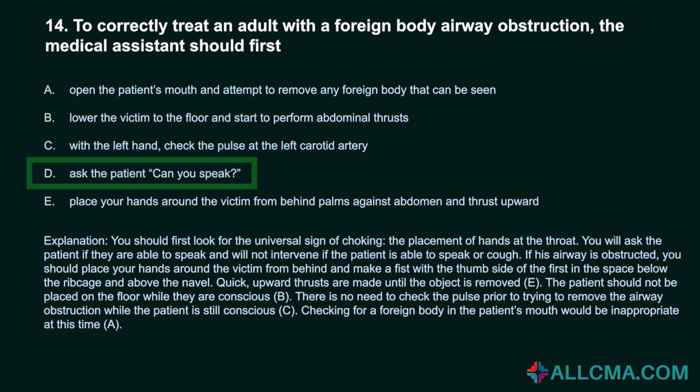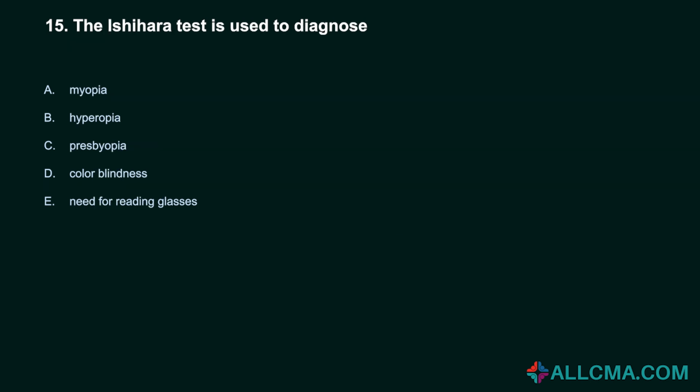Quick, upward thrusts are made until the object is removed, E. The patient should not be placed on the floor while they are conscious, B. There is no need to check the pulse prior to trying to remove the airway obstruction while the patient is still conscious, C. Checking for a foreign body in the patient's mouth would be inappropriate at this time, A.